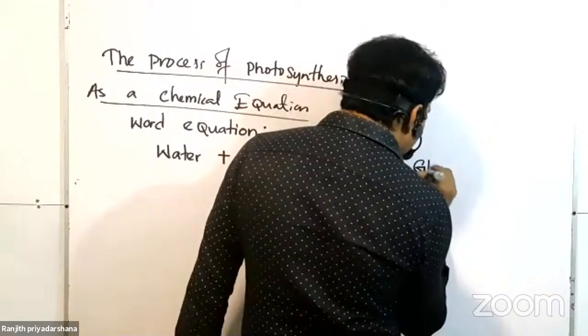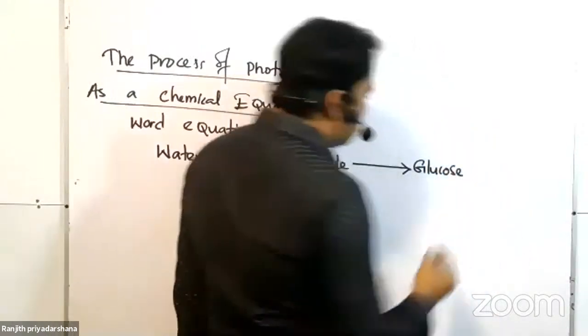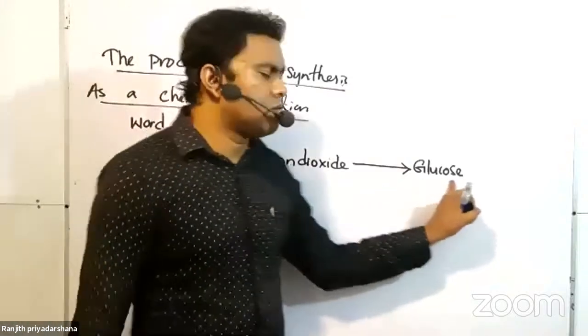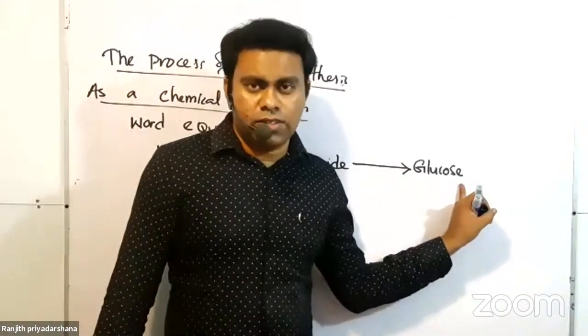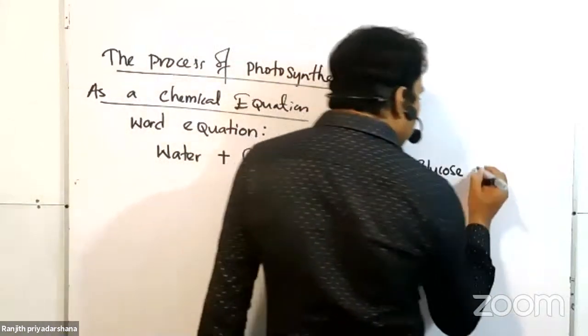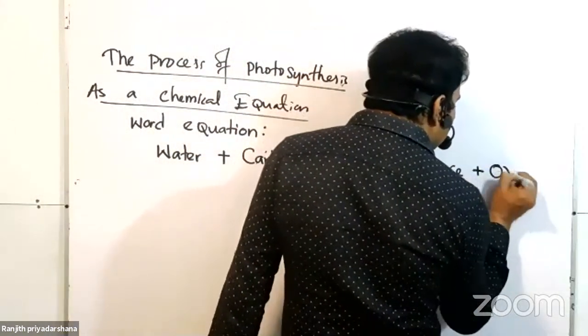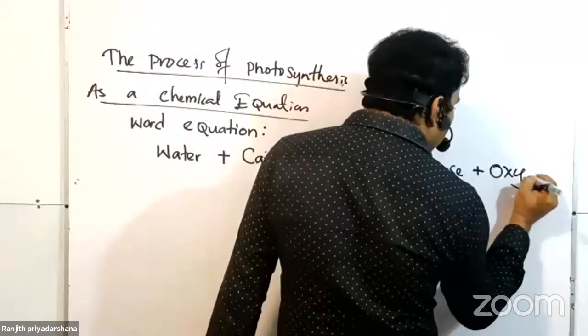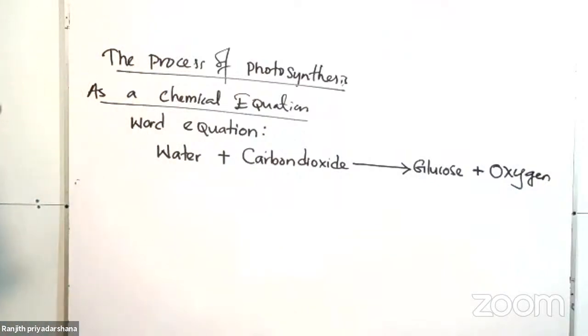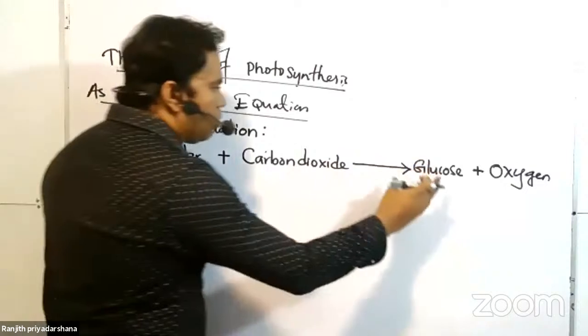What is formed? Glucose. You know, glucose is a type of monosaccharide: glucose, fructose, galactose. So this is the initial product, and as a byproduct, oxygen is also produced. Water and carbon dioxide react together to form glucose and oxygen.